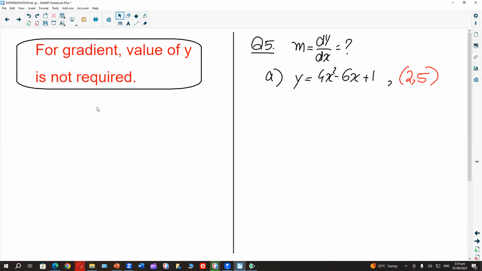Question number 5, part A. You need to find the gradient of the tangent.